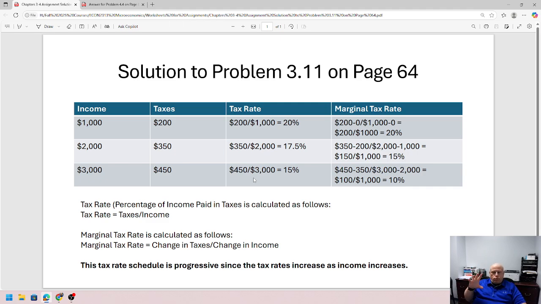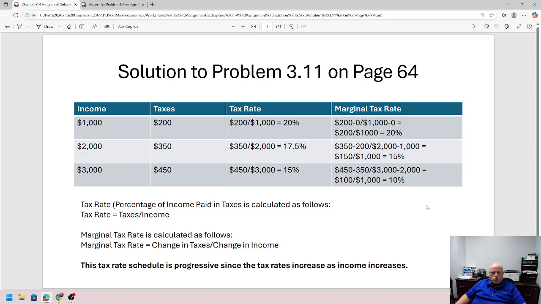Okay. Now on the second one, it's going to be different. So again, all you do is you take what your taxes are now minus what they were before. So in other words, 350 minus 200, which is 150, over $2,000 income minus what it was before, which was 1,000. So it's 150 over 1,000, which is 15%.